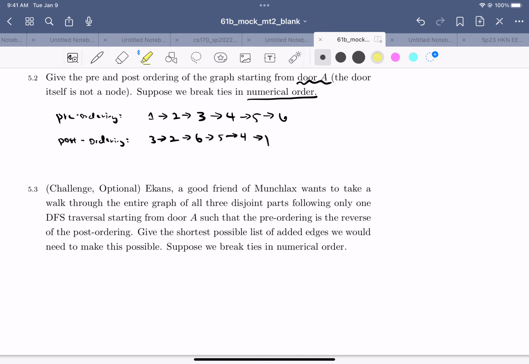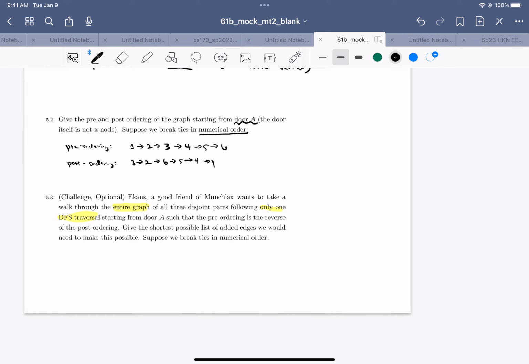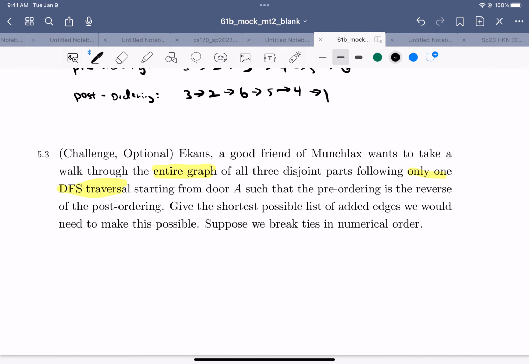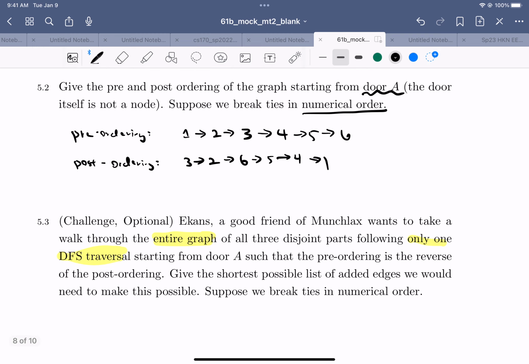It asks us to walk through the entire graph, so we want to traverse the entire graph with only one DFS traversal. It means that we cannot have 3 separate components. We need to connect the 3 different components together by adding new edges. And also the pre-ordering is the reverse of the post-ordering.